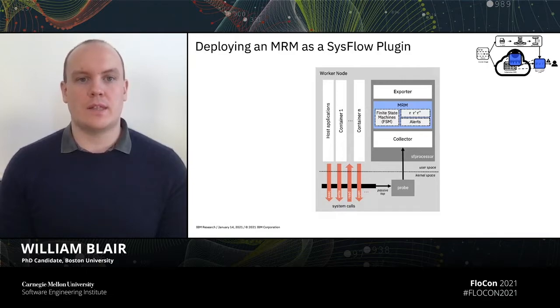It maintains finite state machines for each individual thread observed inside the system call telemetry, and it continuously checks whether the records produced by the system call telemetry can execute the finite state machines faithfully, or if they deviate at all from the models that are stored along with the FSMs. Any event that is not expressed inside these finite state machines yields an alert that is then passed off to the exporter.